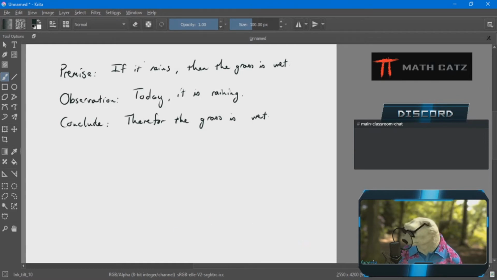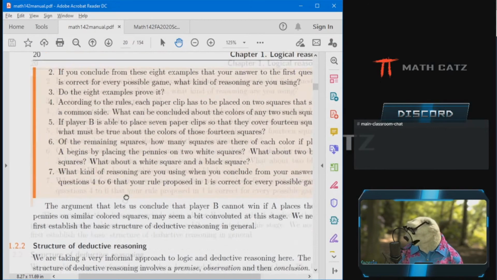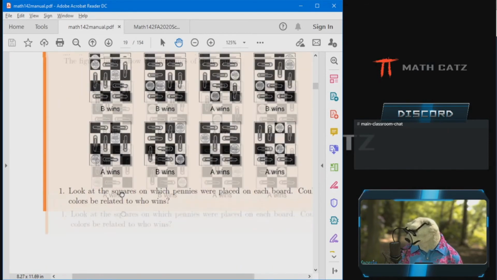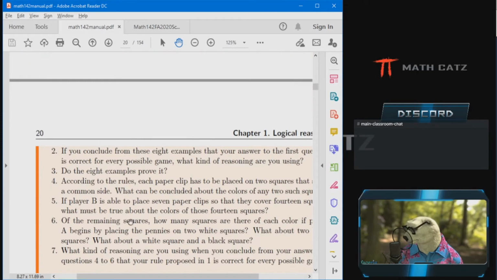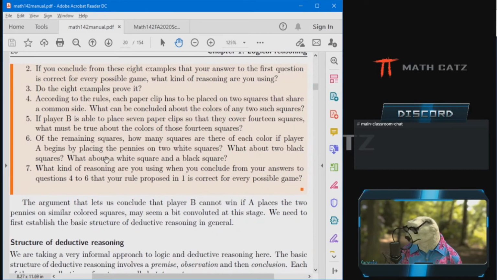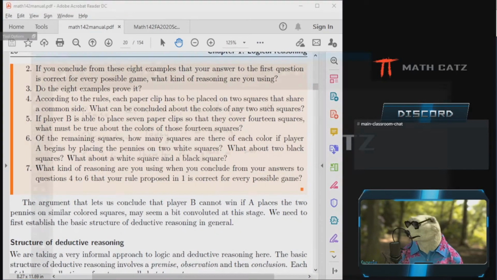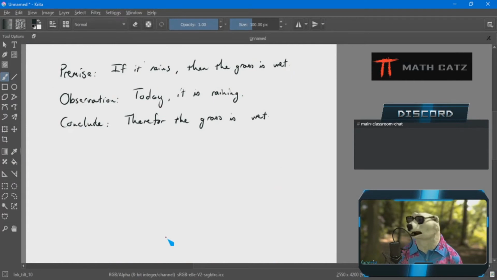Now, in the attempt to make it as simple as possible, I still feel a little bit confused about the wordiness of exercise 1.3, about the checkerboards. It's a lot of words. I'm getting confused. So can I simplify it and make it as bare bones as possible? Premise, observation, conclusion is my way of doing that.